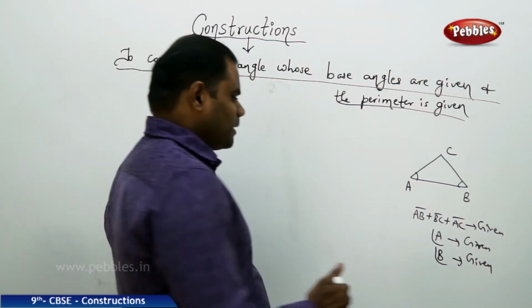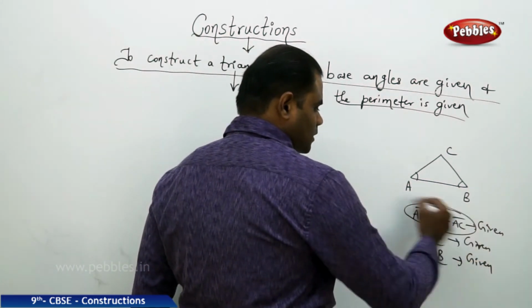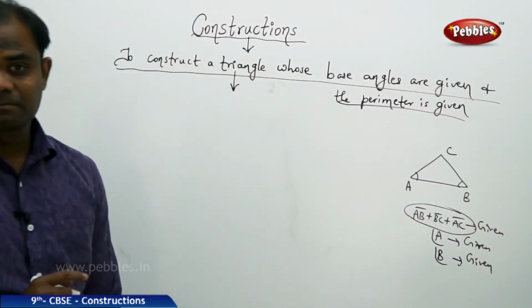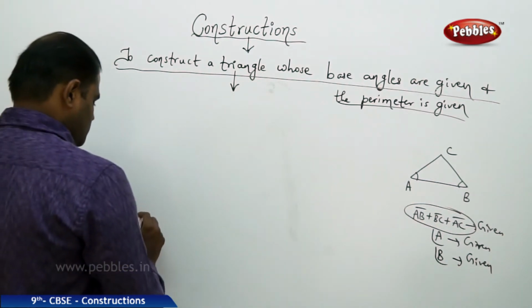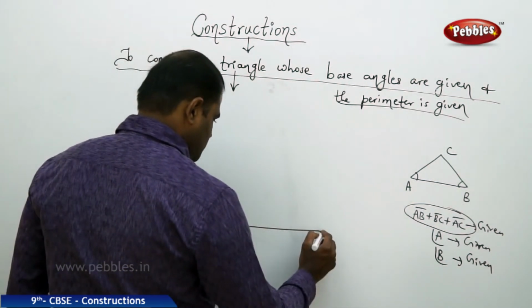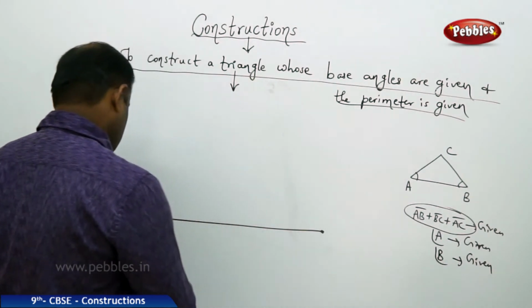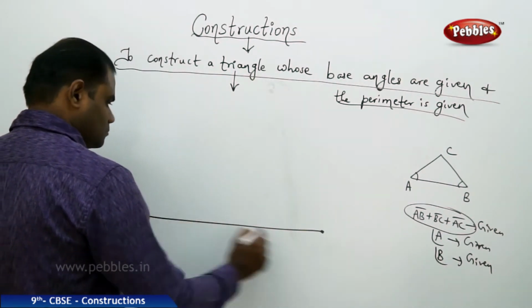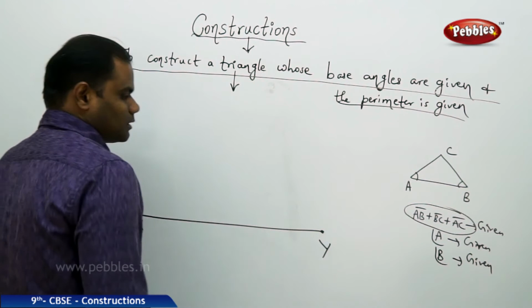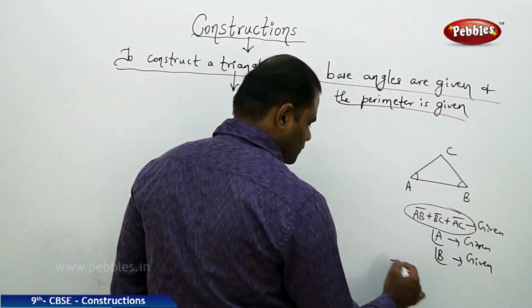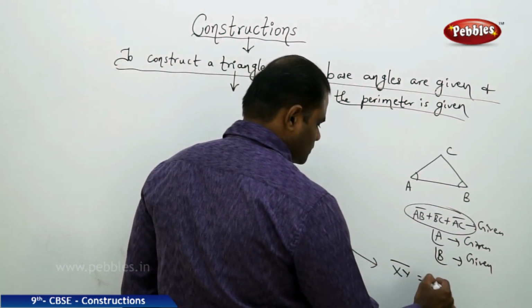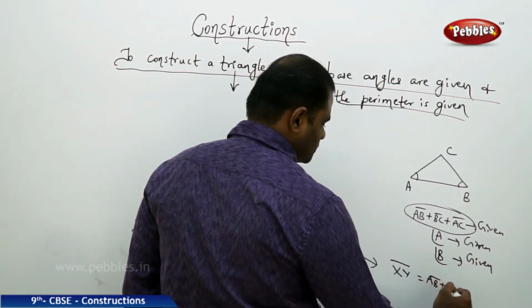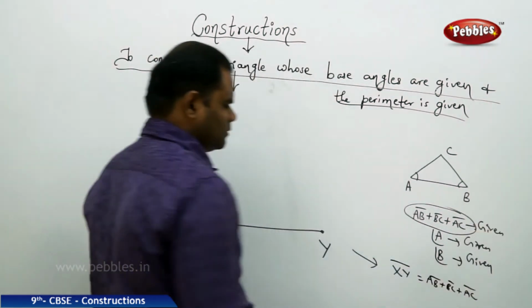So let me take the perimeter length which is given here as the base. I take the base initially such that this length XY is the perimeter of the triangle.